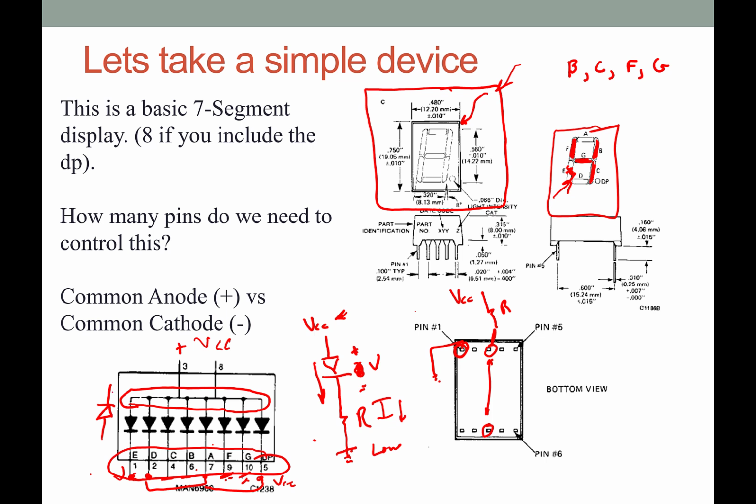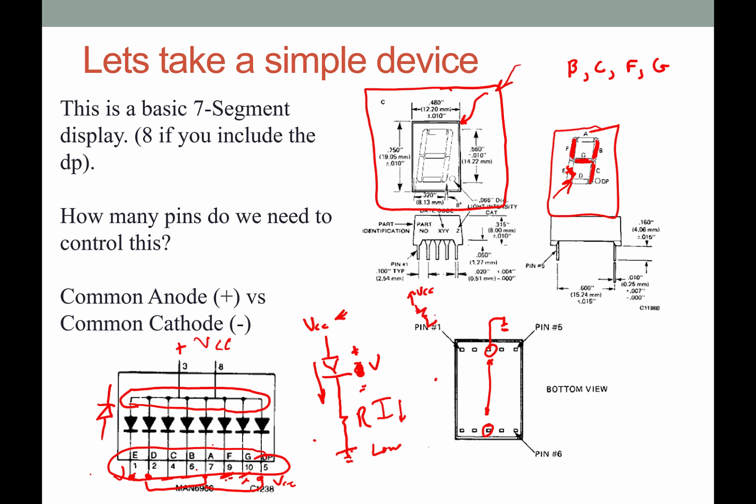Okay, so again, if we were trying to check out that, we could look at this particular thing. The thing that's tied to the common, we'd want to go to ground in that case. E would be where we'd want to put the positive voltage, so we'd put VCC.